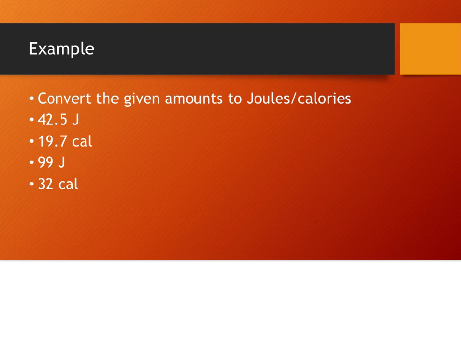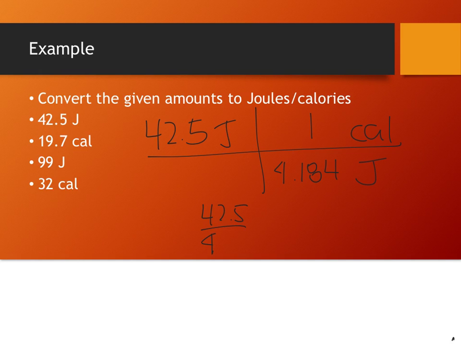So for our first one, we have 42.5 joules. We're going to calories. So calories on top, joules on bottom because we want to cancel out joules. And we know that 1 calorie is equal to 4.184 joules. That gets us 42.5 divided by 4.184, which is equal to 10.2 calories.